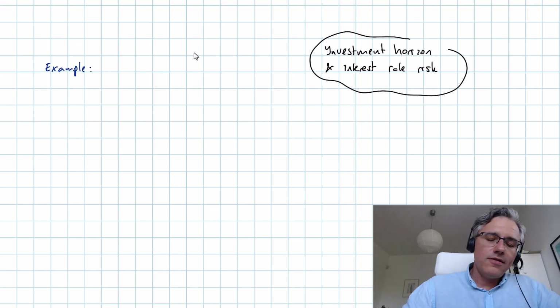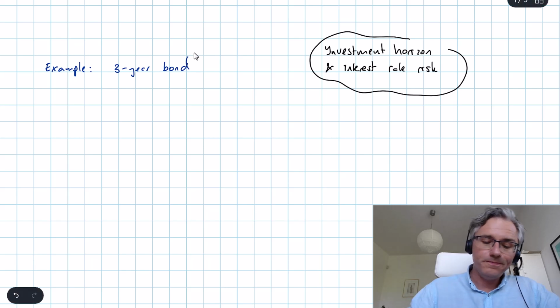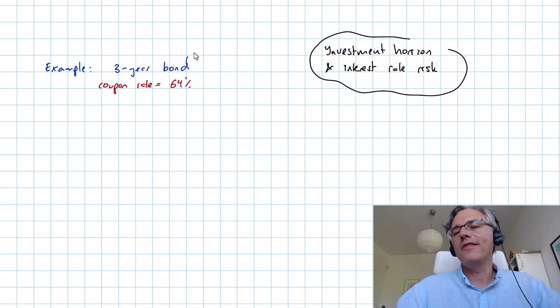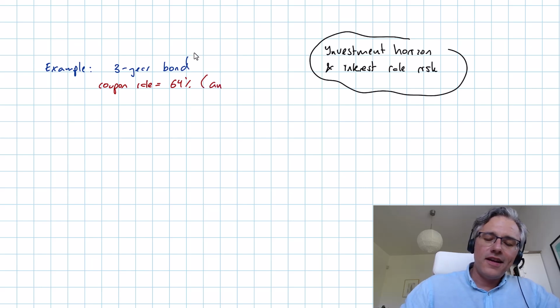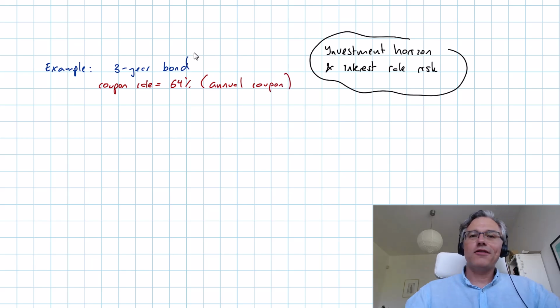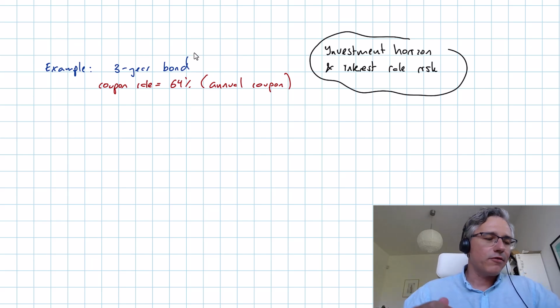So we're going to consider a 3-year bond that pays an annual coupon, and the coupon rate is going to be very high, 64%. I've made this intentionally so high because I wanted to get a specific result. Irrespective of this number being very extreme and very far from what you would normally see in exam-style questions, I think it will get the point across.